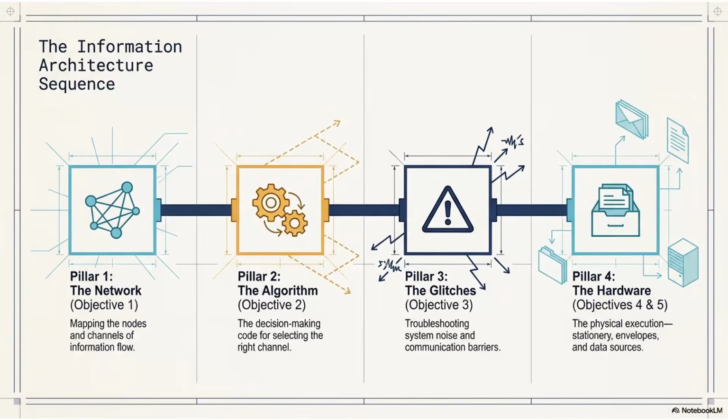That is the channels and how information flows, how we decide to choose the correct channel, how we deal with barriers, and then how we execute it, like the different stationery and envelopes and stuff like that we can use.